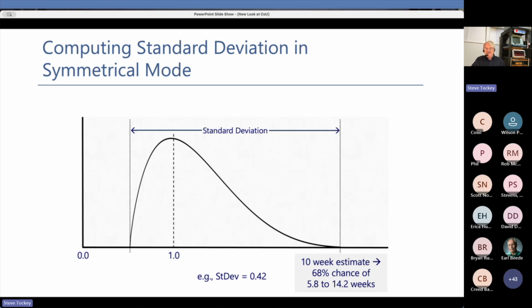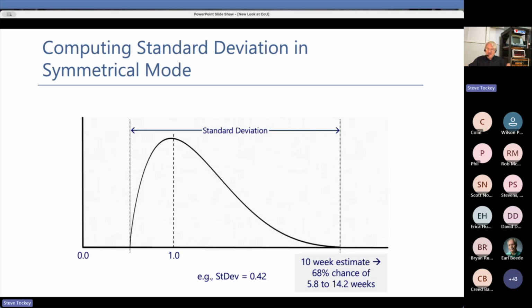I'm just taking that standard deviation of 0.42, multiplying it by 10, and adding it and subtracting it from my 10-week estimate to get the range. But the point here is, we're highly unlikely to ever get close to 5.8. We're overly optimistic on the overestimate side, and we're not pessimistic enough on the underestimate side. In fact, we could easily do worse than 14.2 weeks.